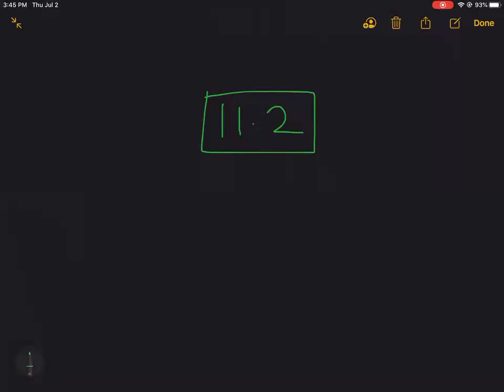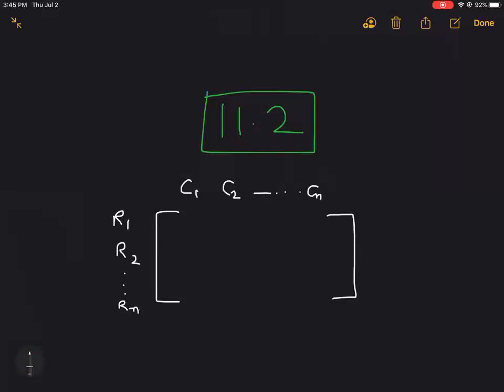Okay. So first of all, how can we define a matrix? The matrix is basically, it does look like this, where you will have several rows. These are different rows, okay? And these are columns. Several columns, okay?